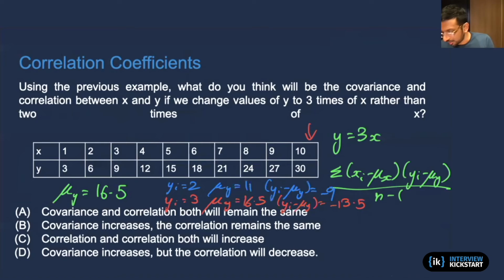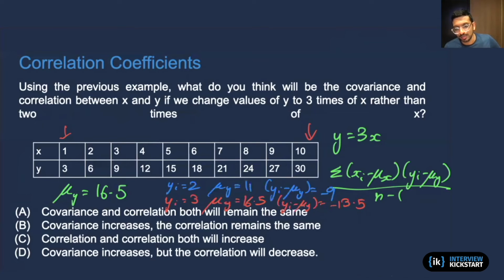And the reason they don't is because xi minus mu x is going to be negative at the lower end, and it's going to be positive at the higher end. And when you multiply two negative numbers, you get a positive number. So xi minus mu x is also changing value as we go through this data set. So no, there is not going to be any cancellation of any terms over there.